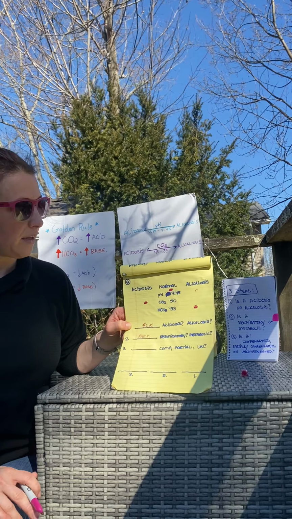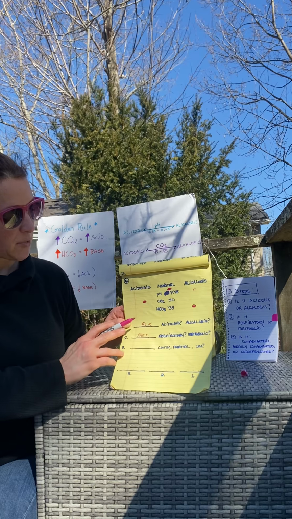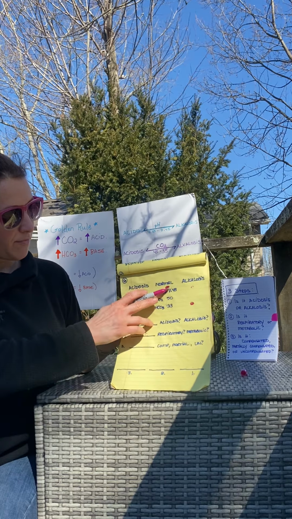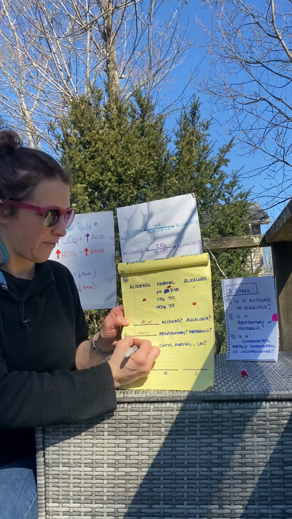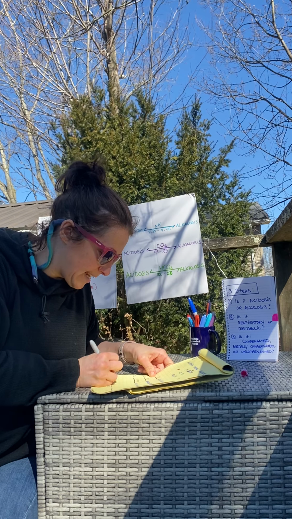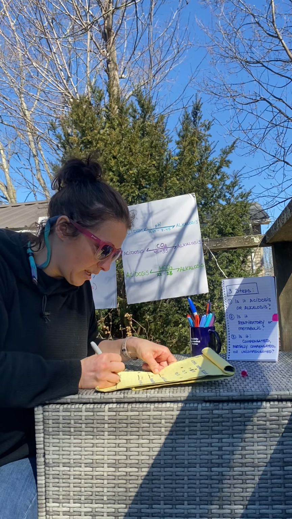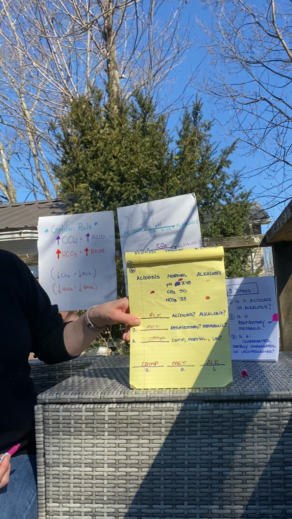Yes, right? Because we already see the CO2 is trying to help out. It's moving in the opposite direction. But the pH is within normal limits, right? So we have fully compensated, right? So we have a compensated metabolic alkalosis, all right?